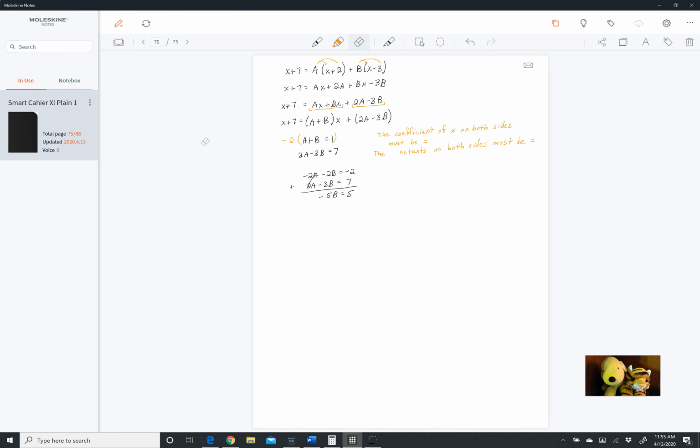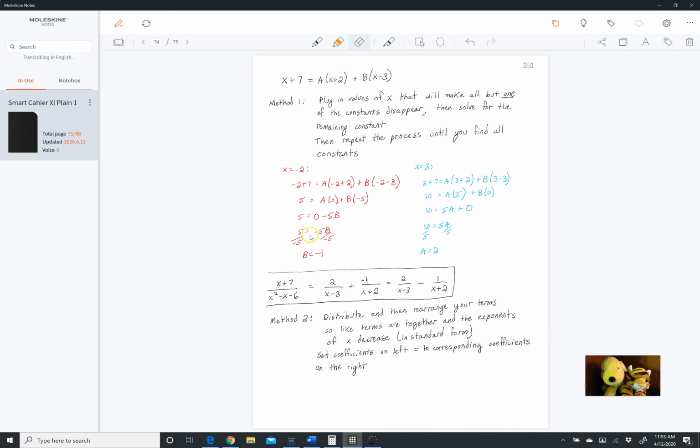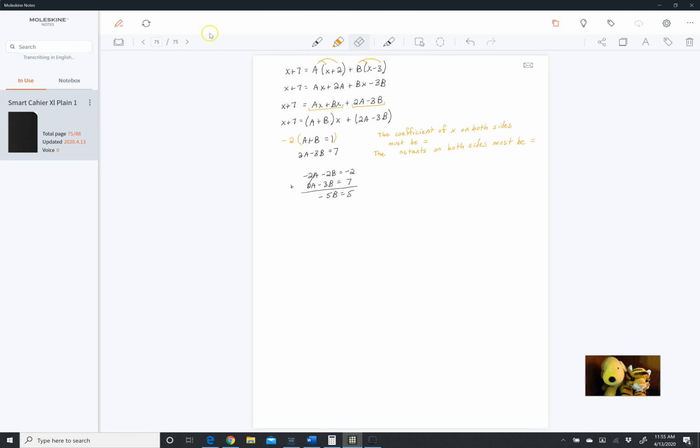Okay. So notice it works exactly the same way. We get that -5b equal to 5 again. We had that in the other one as well. We wound up with -5b is equal to 5 here. So we divide both sides by -5.